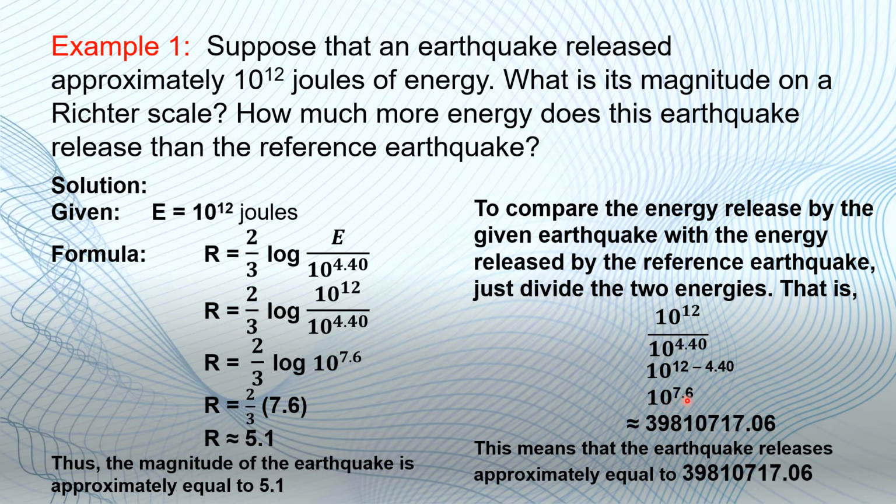Then 10 raised to 7.6 is approximately equal to 39,810,717.06. This means that the earthquake released approximately 39,810,717.06 times more energy than the reference earthquake.